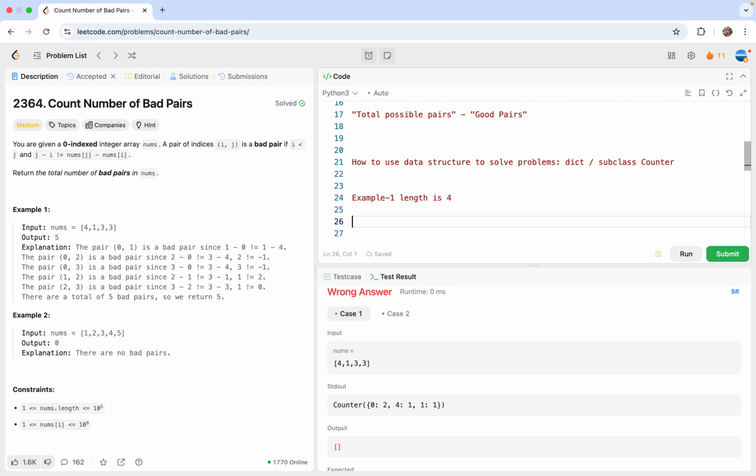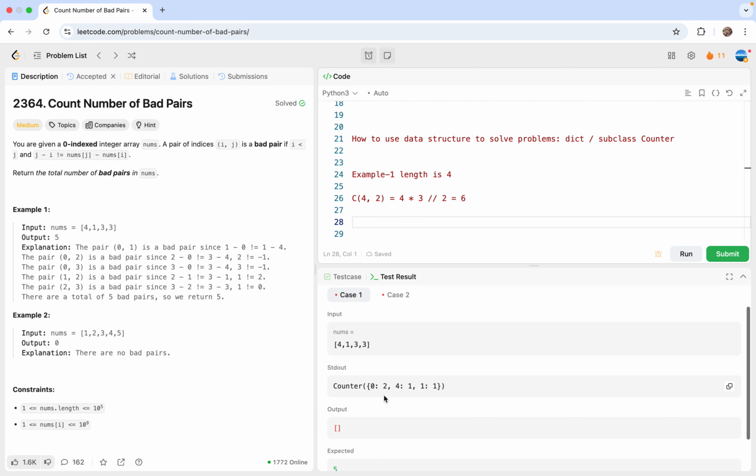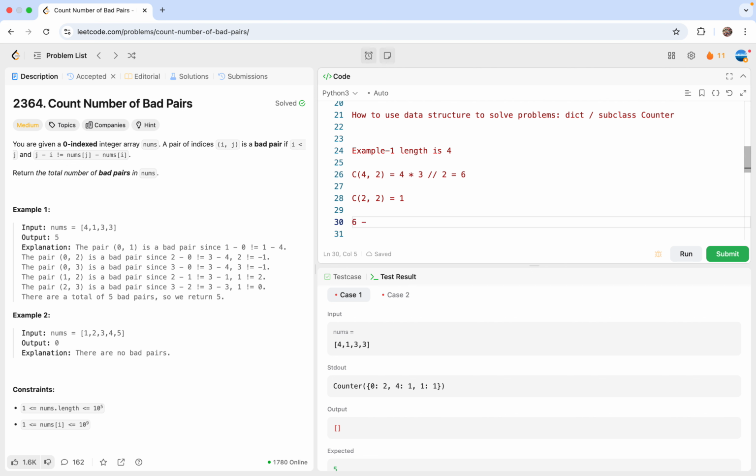The total possible pairs is choosing 2 out of 4, that is 4 times 3 over 2, which is 6. Then there are two indices corresponding to the same nums i minus i, so choosing 2 out of 2 is 1. So 6 minus 1 is 5.